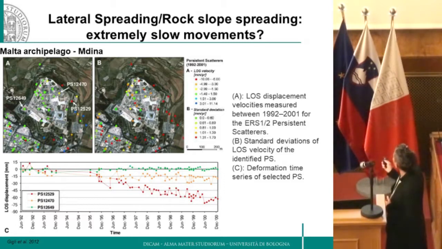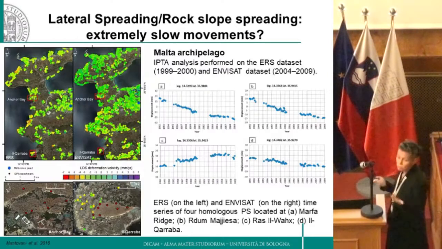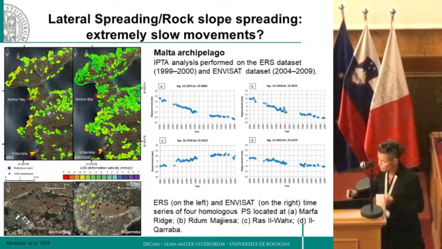By PS, the colleagues from Florence were able to measure the displacement of some points. And you see that some points are almost stable, some of them are displaying trends of movement, but we are every time in this field, so some millimeters per year. So this type of movement is an extremely slow movement.